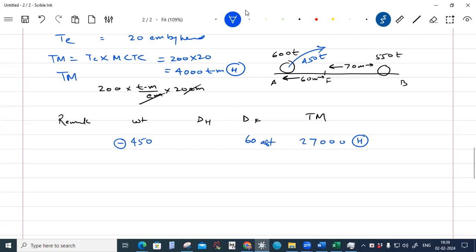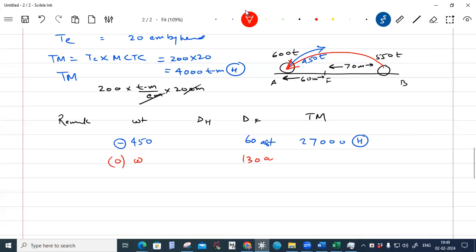What is it asking? How much to transfer? You need to transfer from the forward deep tank to the after tank, if the ship has to arrive on the even keel. How much do you need to transfer here? W, and the distance will be 130.